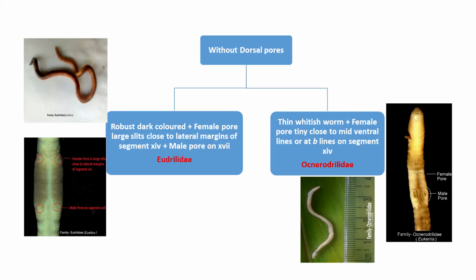Earthworms having robust dark color, female pores a large slit close to the lateral margin of segment 14, and male pore on segment 17, are of family Eudrilidae, while thin whitish worms having tiny female pores close to the mid-ventral line or at B lines on segment 14, are of family Ocnerodrilidae.